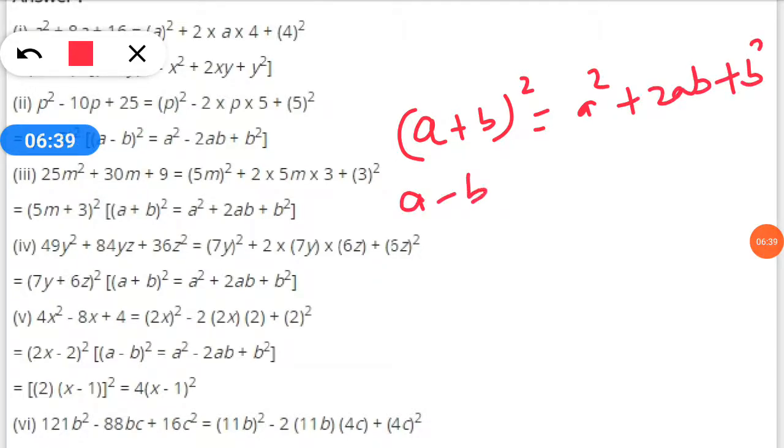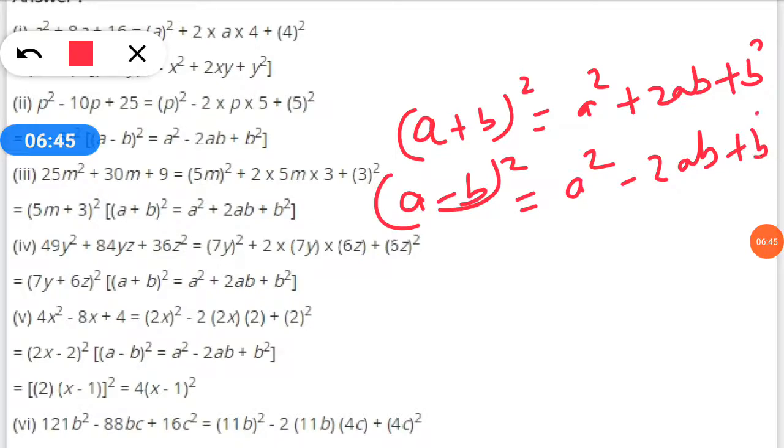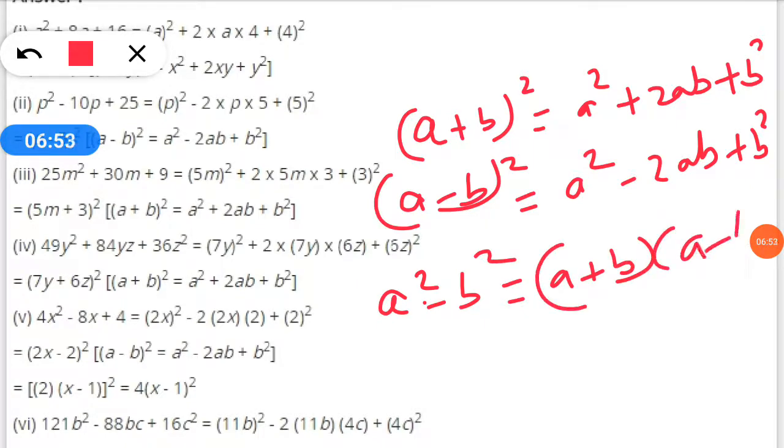A minus b the whole square is equal to a square minus 2ab plus b square, isn't it? And a square minus b square is equal to a plus b into a minus b.